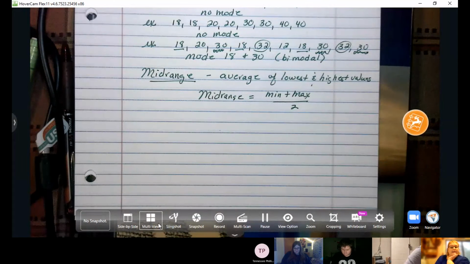We found it by taking the min value plus the max value and dividing by 2, or the lowest plus the highest, however you want to write that.